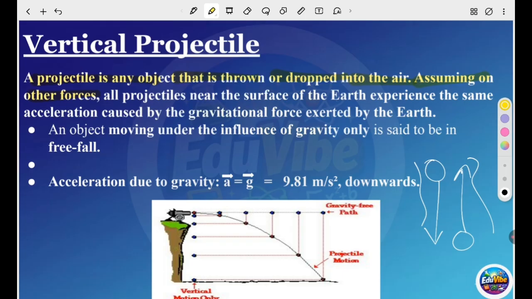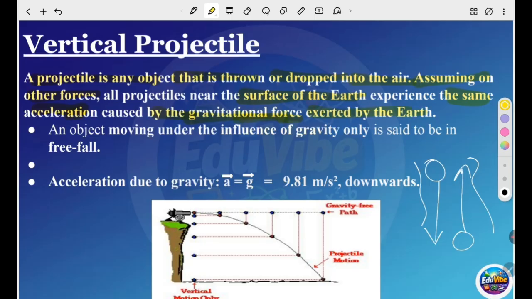There is only one force, which is the earth's gravity, and it is called the gravitational force. All projectiles near the surface of the earth experience an acceleration. In projectile motion we focus more on the acceleration, which is caused by the gravitational force exerted by the earth.